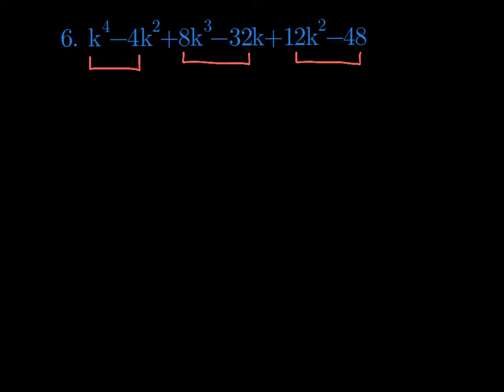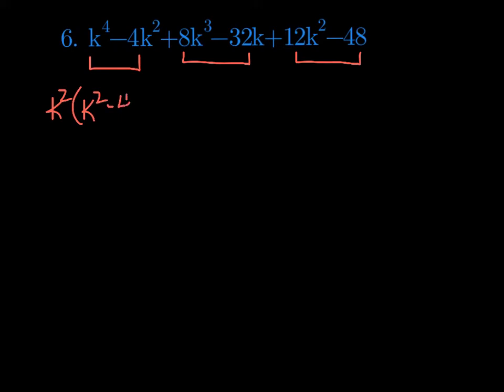Okay, so let's just try this. So if I group in groups of 2, I can see my first group of 2 has a common factor of k squared. So when I take that k squared out, I end up with k squared minus 4.